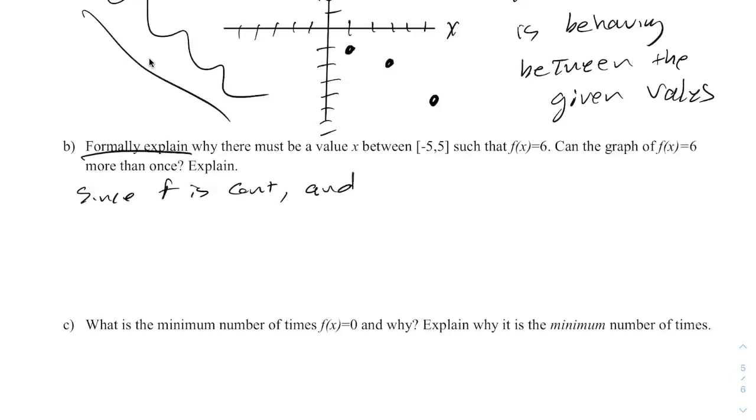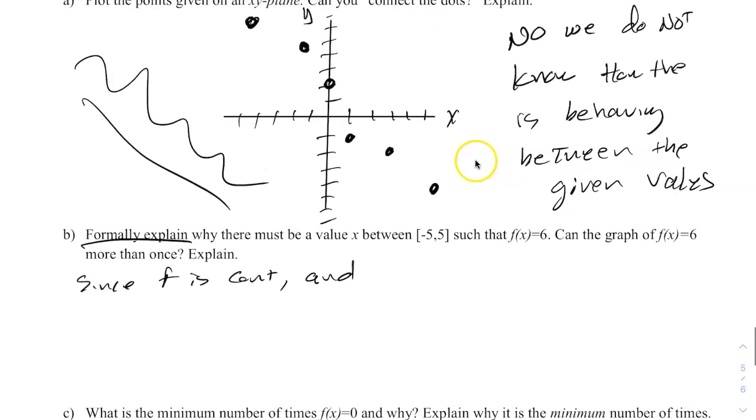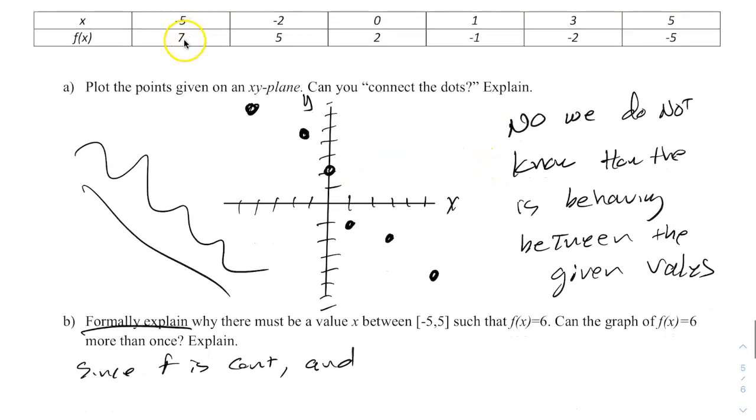and we're trying to get 6. Let's look at what f of 5 is. f of negative 5 is 7, and f of 5 is negative 5. So this is between the two, but you have to watch out. F of 5 is less than 6, which is less than f of negative 5. I know it looks a little funky, but f of 5 is actually just negative 5, and f of negative 5 is actually just 7. So this is a true statement.